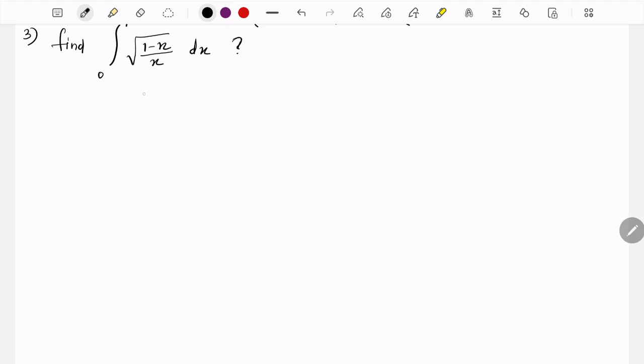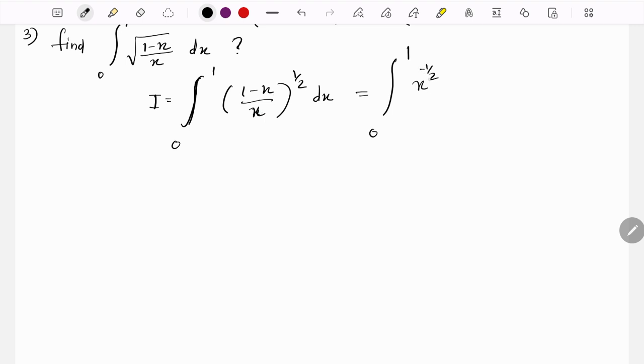Here we can write this integral I like this, integral 0 to 1. Here root means 1 by 2. So we can write this as (1 minus x) divided by x power 1 by 2 dx. That is, this equals integral 0 to 1. Here x to the power, when this x goes up, this power becomes minus 1 by 2, and (1 minus x) to the power 1 by 2 dx.